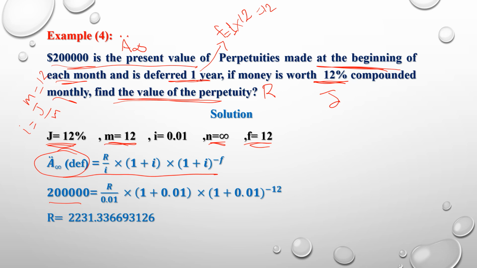Then R equals, again, by multiplying this value times I, and then dividing the result over this side, we get the value of R, which equals this amount. And this is the value of the deferred perpetuity due.